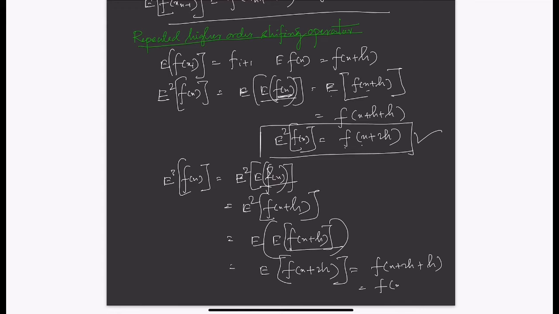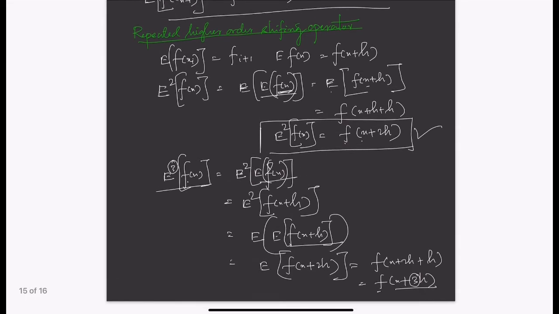So f of x plus 3h. So E cubed of f of x is nothing but f of x plus 3h. Now you can see the relation. When the power is 3, h is multiplied by 3. So we can see that E to the power n of f of x is nothing but f of x plus n into h. This is the generalization. Okay, you remember this one properly.